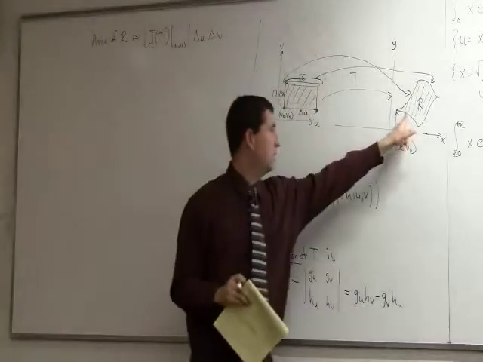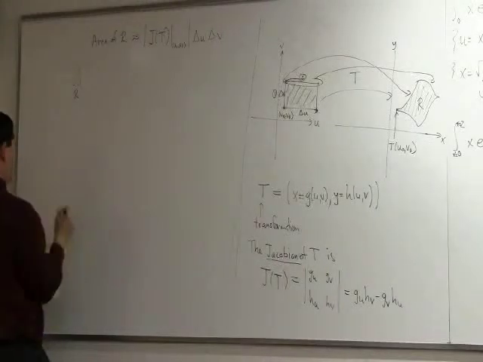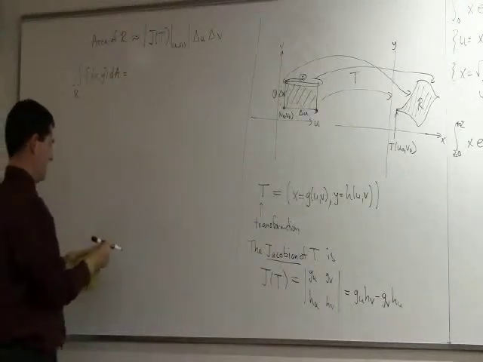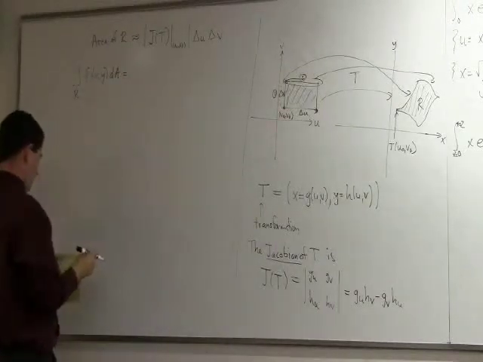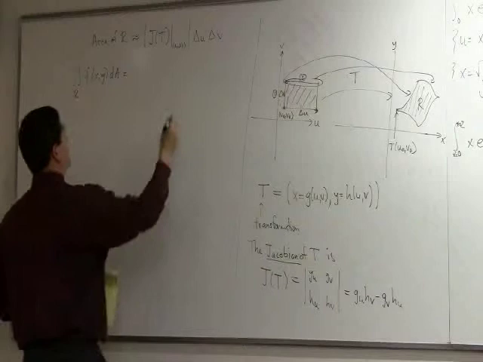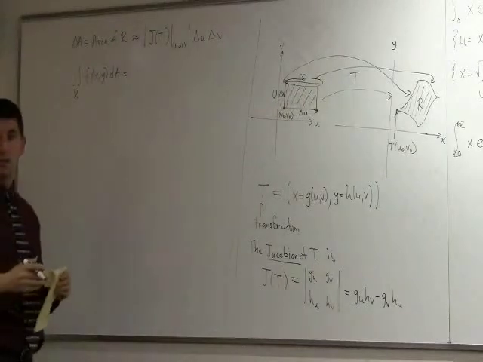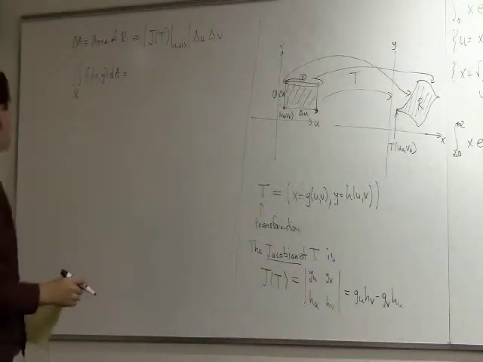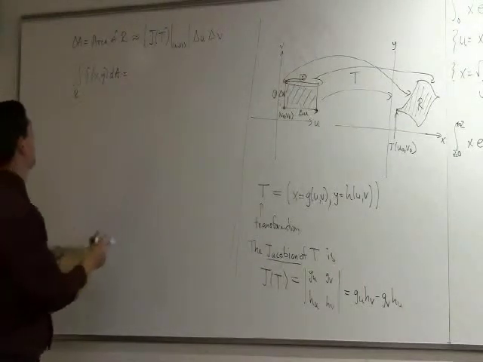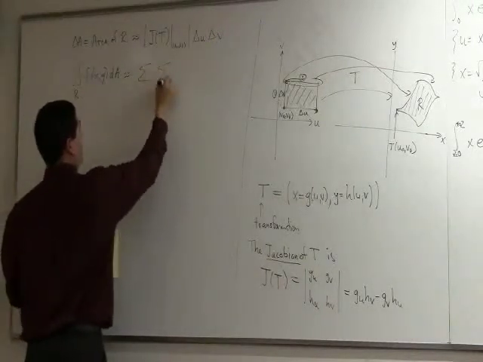Okay, so in the end, you're starting with something nasty that you don't like. You're trying to integrate, say, a function over R. Let me give a name to this area, say, delta A. Then this double integral should be approximately, well, we've seen what this is before.